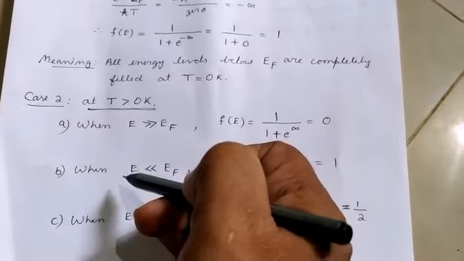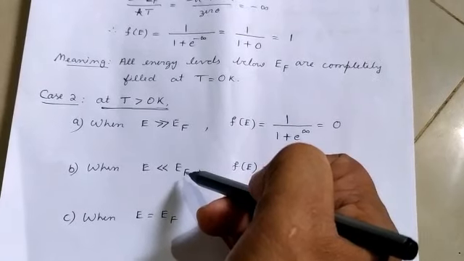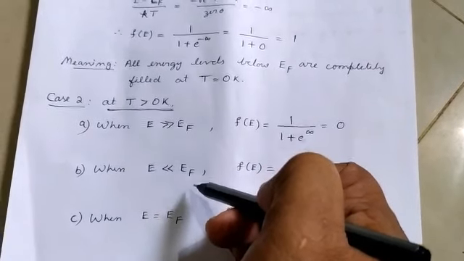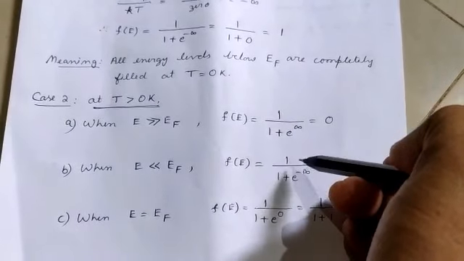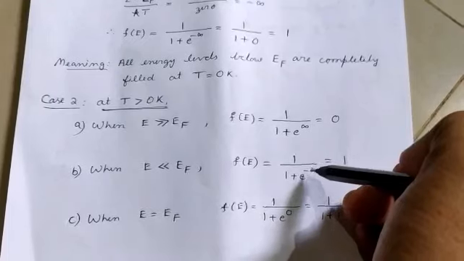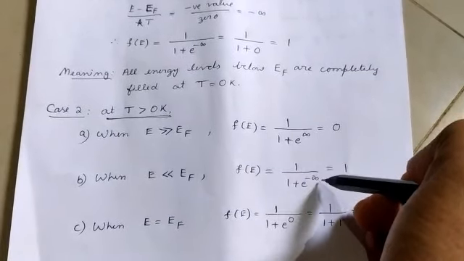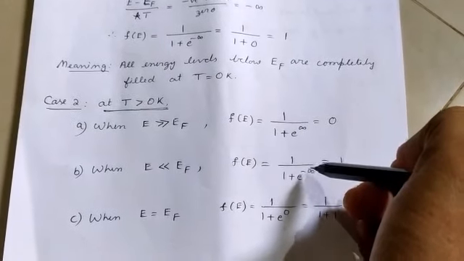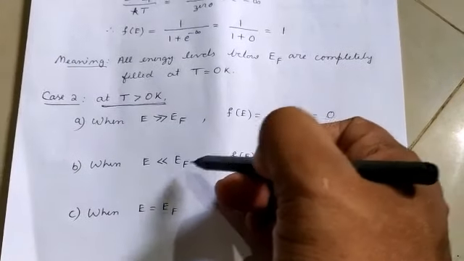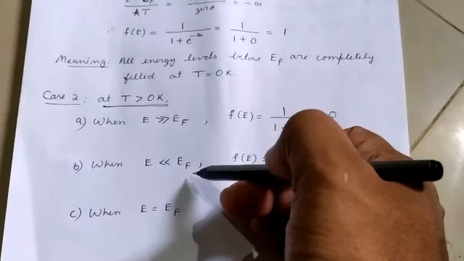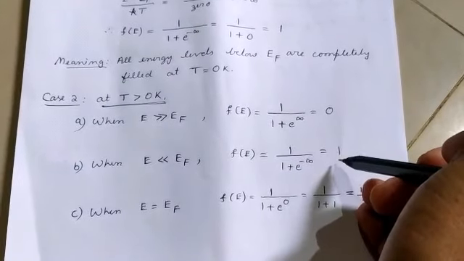Now when E is very much less than the Fermi level, that means we are taking the energy levels far below the Fermi level, then f(E) is 1 / (1 + e^(-infinity)), because (E - EF)/kT again becomes minus infinity. That means the exponential is 0, so f(E) is equal to 1. Again we see that the energy levels very much below the Fermi level are completely, 100%, occupied.